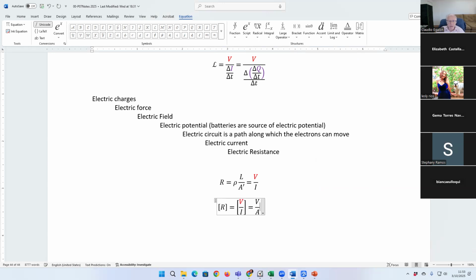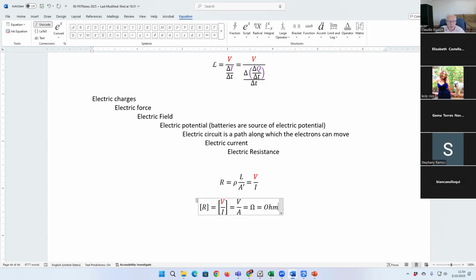The unit of I is the amps. That's the unit of resistance. This unit of resistance shows up so frequently in physics that we give it another name. We call it the ohm, represented by the capital omega.